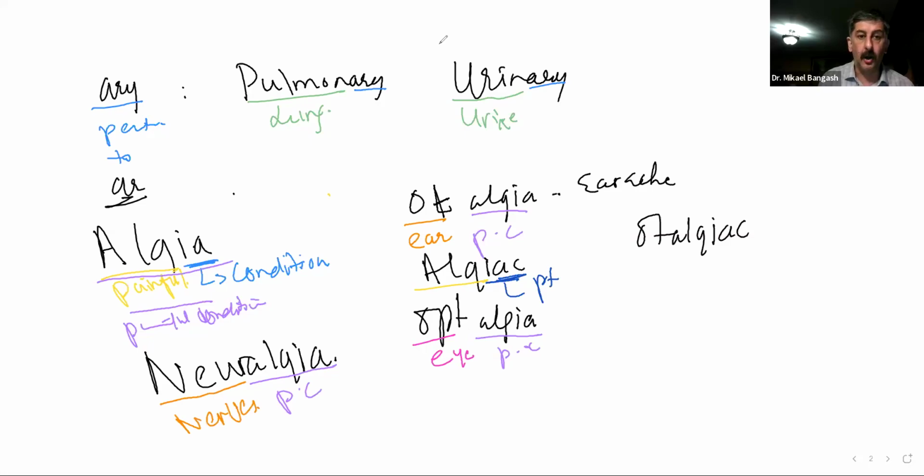Now, guys, although most pains involve nerves, because it's being picked up by nerves, there are going to be cases where the pain itself is due to the nerve being affected.